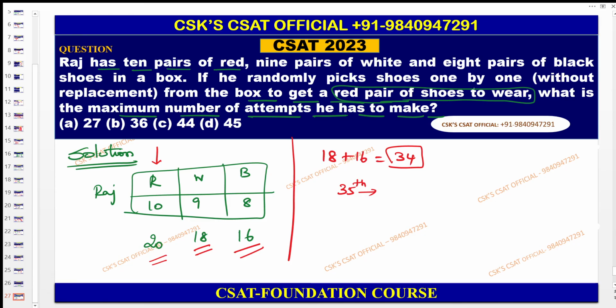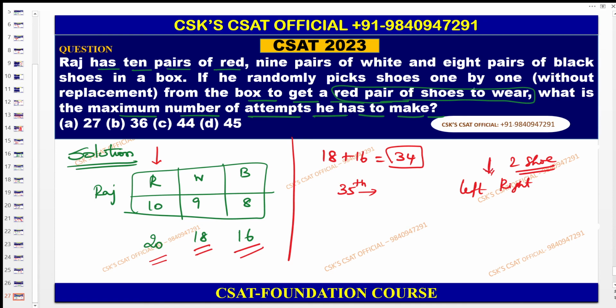Now try to understand here. 1 pair contains left and right, 2 shoes. Now try to understand this question.